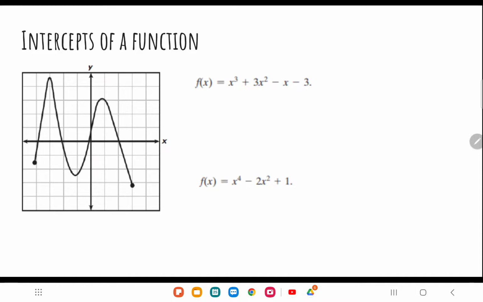To begin with, we'll look at intercepts of a function from a graph. We could be looking at the x-intercepts or zeros of a function, or the y-intercepts. Given the graph here, we can estimate the x-intercepts or zeros to be located at approximately x equals -4, x equals -2, and x equals 2.